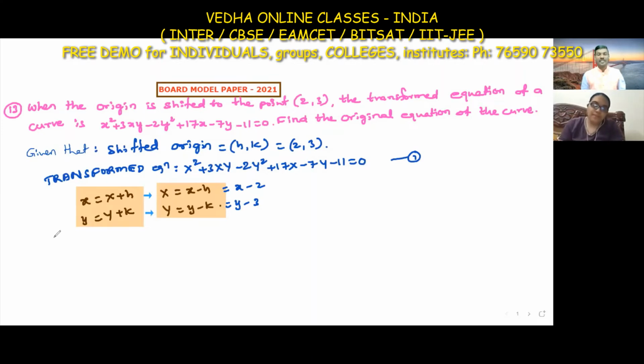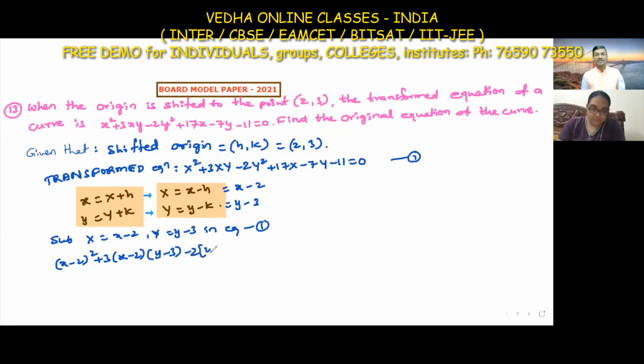Substituting capital X equals x minus 2 and capital Y equals y minus 3 in equation number 1, we get (x minus 2) whole square plus 3 into (x minus 2) into (y minus 3), minus 2 into (y minus 3) whole square, plus 17 into (x minus 2), minus 7 into (y minus 3), minus 11 equal to 0. Now simplify this.